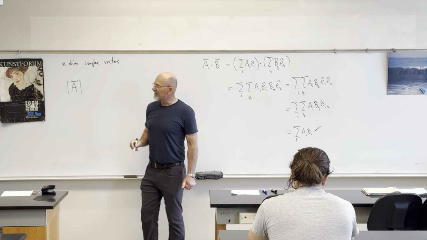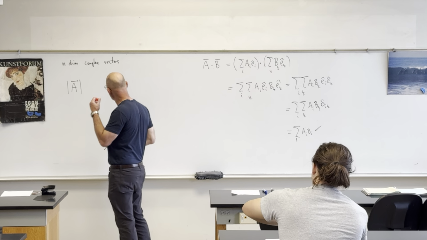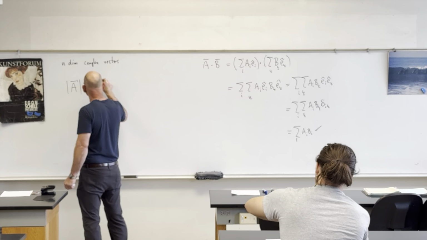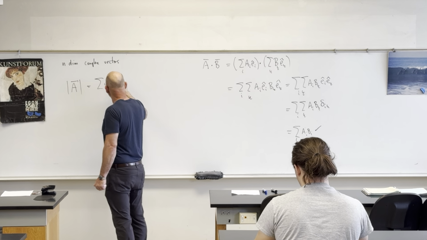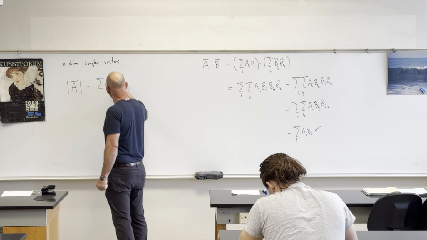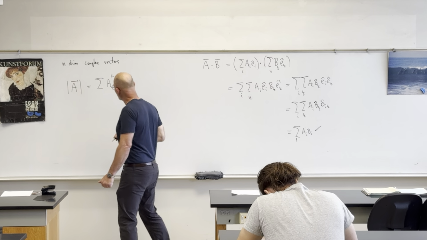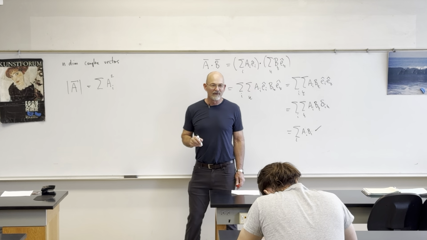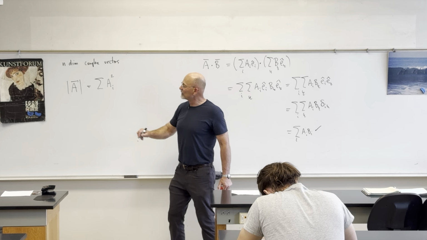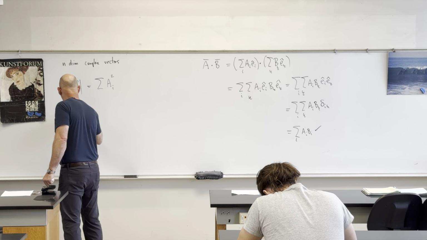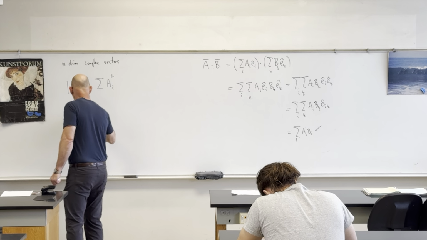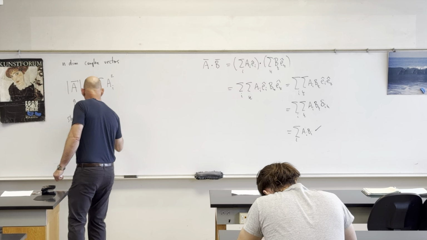But in the scalar product, a sub i squared for complex numbers is not necessarily real. You want this to be real and positive. Should be real and positive.